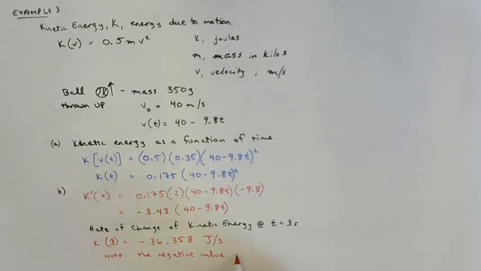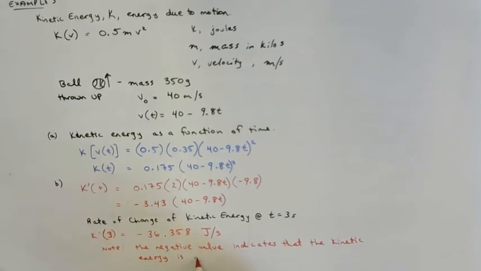So it's slowing down, essentially, which means it's still on its way up at 3 seconds. The negative value indicates that the kinetic energy is decreasing.